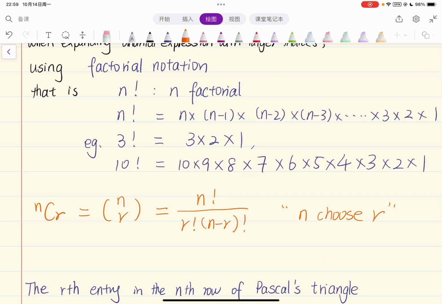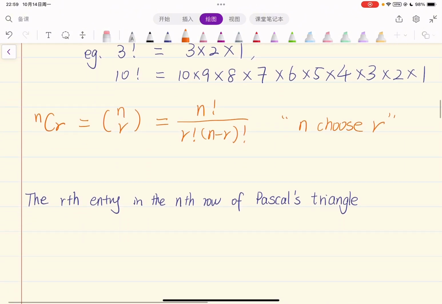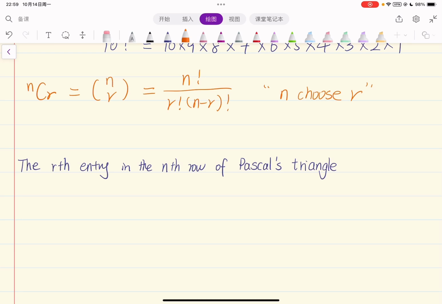So what is the relationship of that with Pascal's triangle? The rth entry in the nth row of Pascal's triangle is (n minus 1) choose (r minus 1), which equals (n minus 1) factorial over (r minus 1) factorial times ((n minus 1) minus (r minus 1)) factorial.